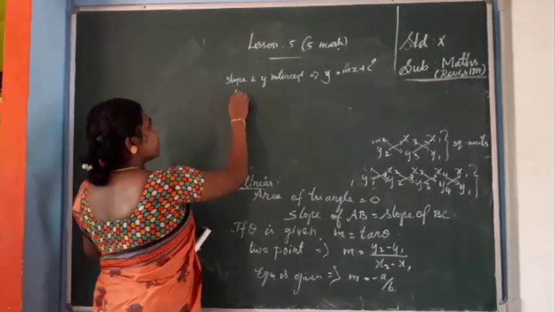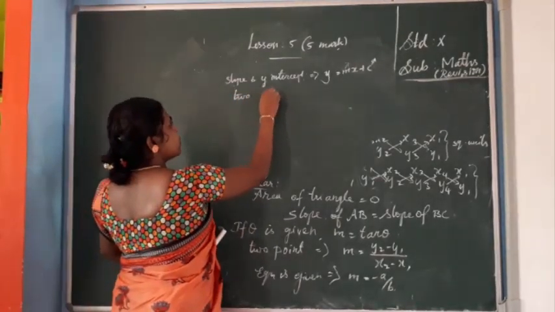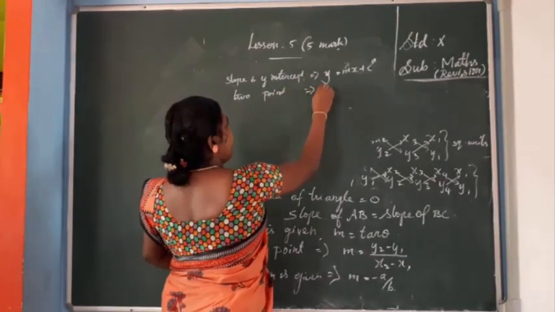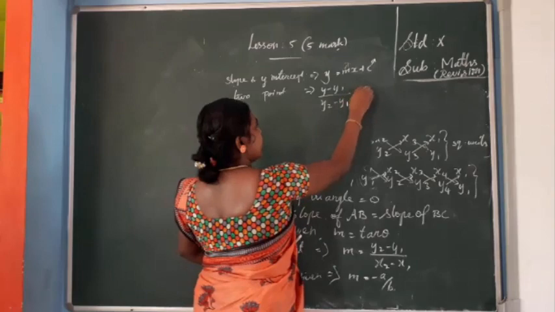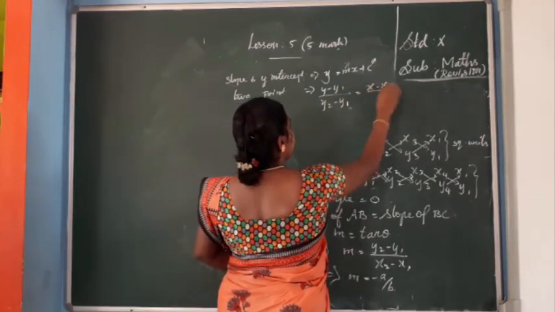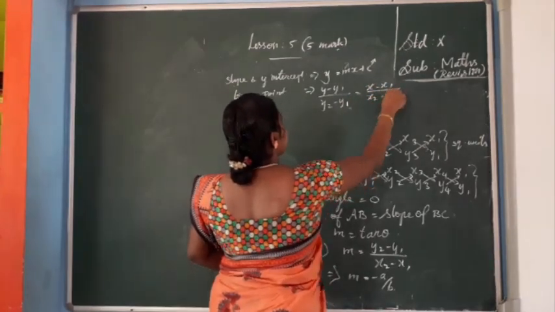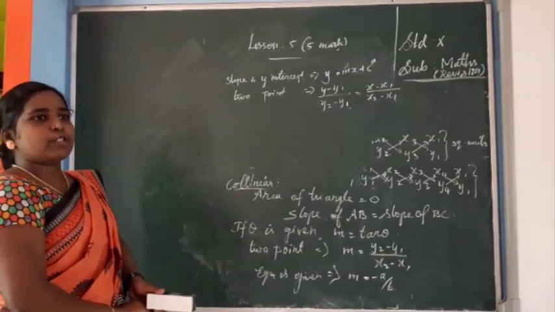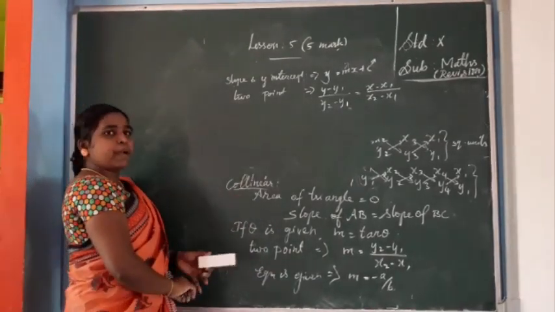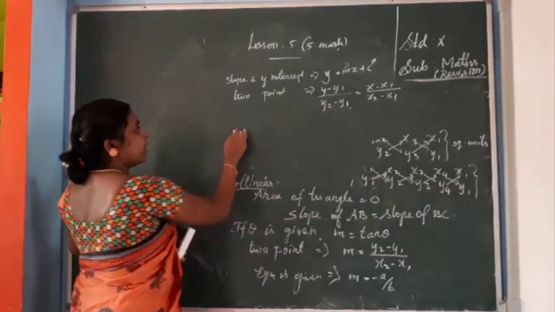If 2 points are given, you can say y minus y1 by y2 minus y1 equal to x minus x1 by x2 minus x1.